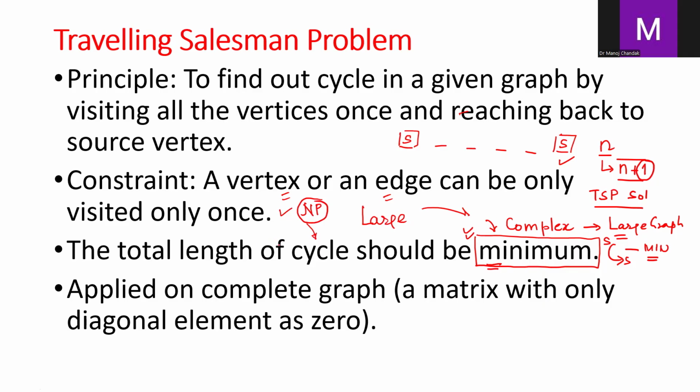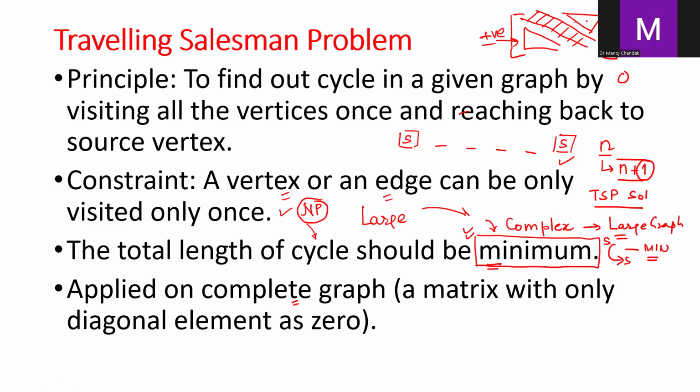This particular problem is basically solved for a complete graph. When you represent the complete directed graph in the form of a matrix, the diagonal elements of this matrix will be 0, and the lower triangular part and the upper triangular part will have non-zero, positive entries, which may be distinct.